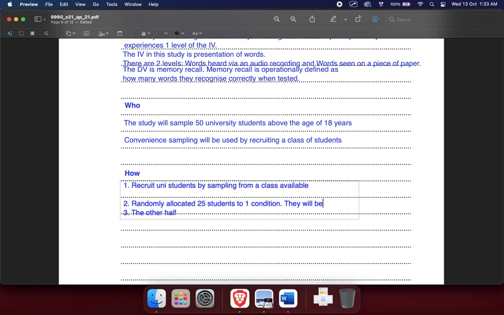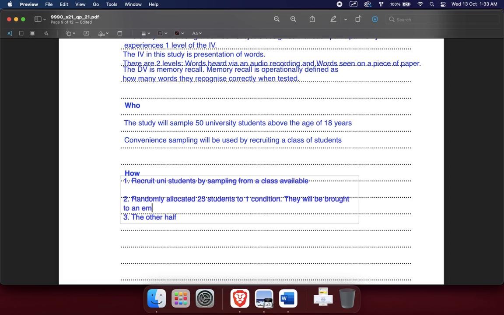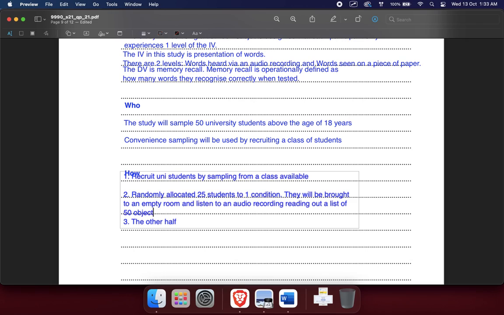They will be brought to an empty room and listen to an audio recording reading out a list of 50 objects. Okay, so that's one.